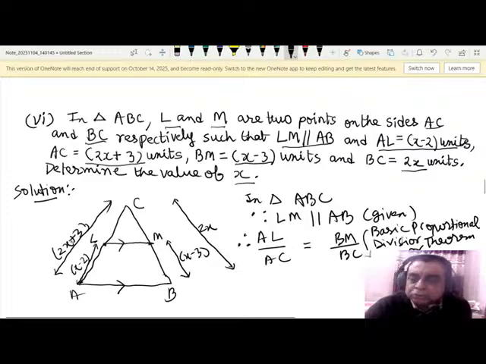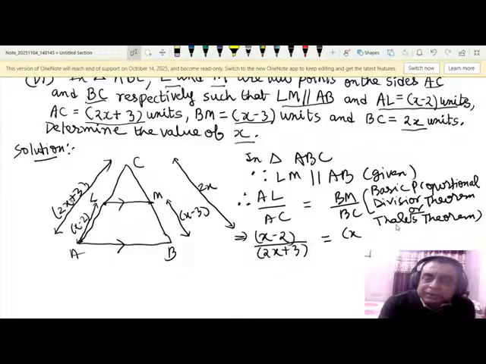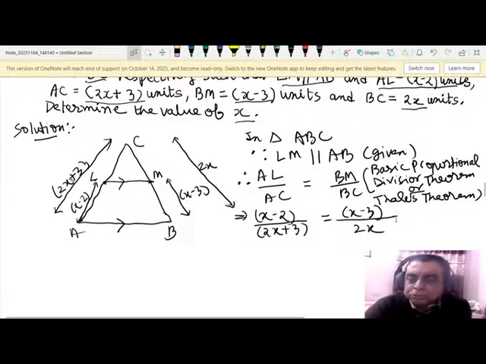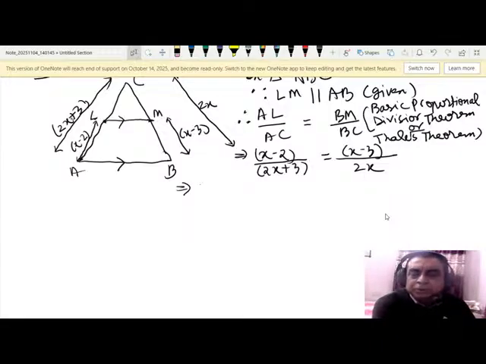Okay, now you put the values and you solve that equation. AL value is x minus 2 upon AC, AC value is 2x plus 3, is the same as BM, BM value is x minus 3 upon BC, BC value is 2x. Now please simplify this. The numerator of one fraction will be multiplied with the denominator of the next.